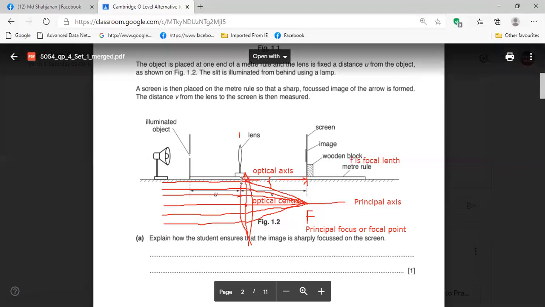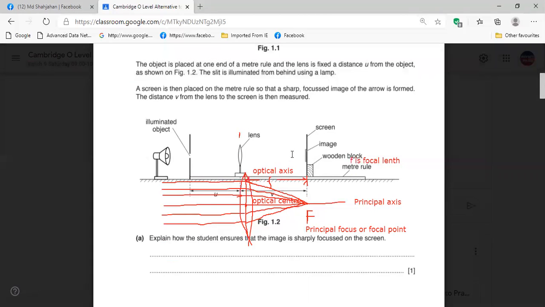If you are keeping it in between f and 2f, then it will be working like a projector. Your image will be bigger than the object size.